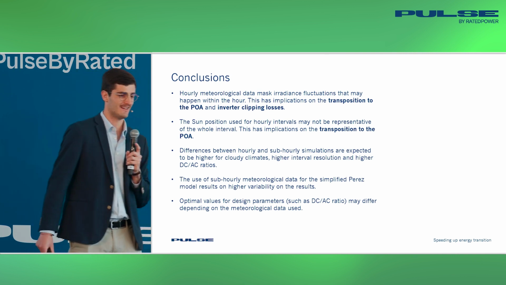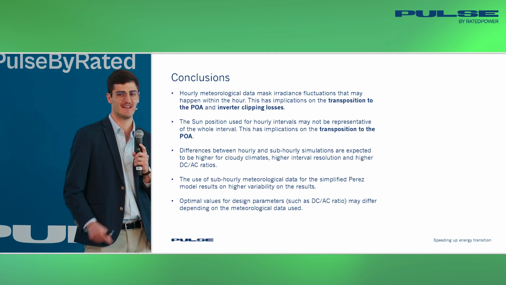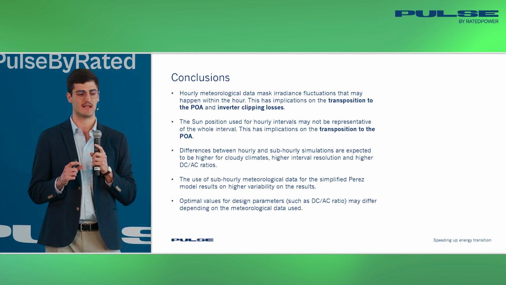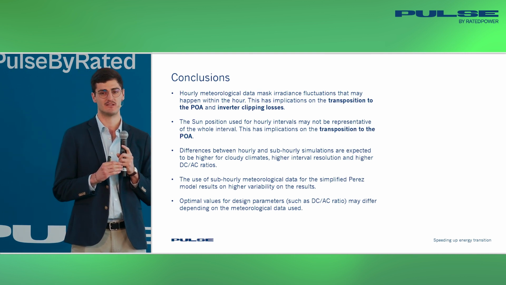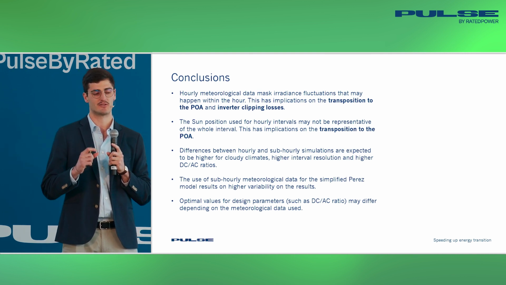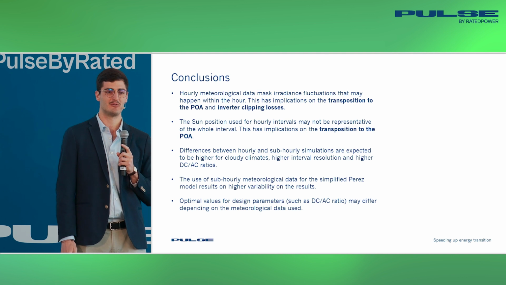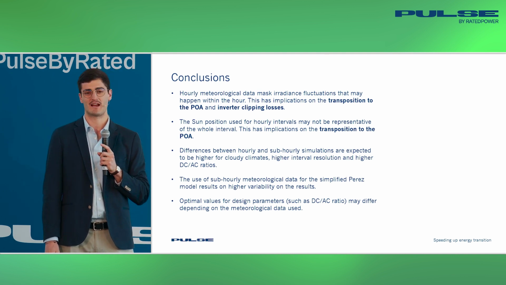Apart from that, there's one additional conclusion, which is that for DC-based solutions, this will be even more important, because in the end, the differences that we observed in the clipping losses will affect even more the design of these systems and the amount of energy that we can get to design these solutions.